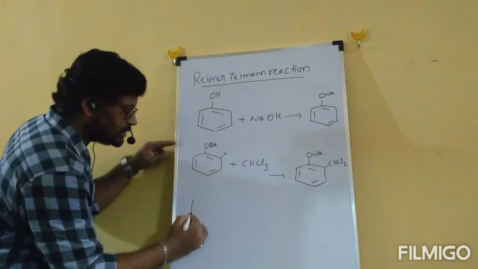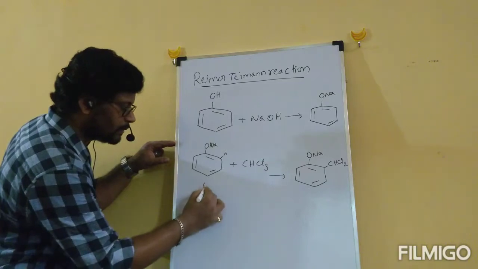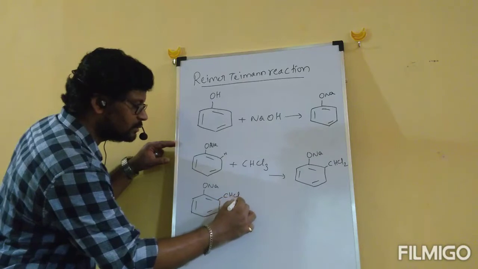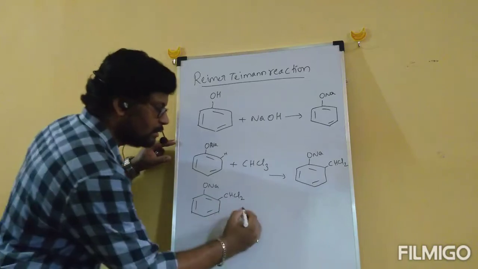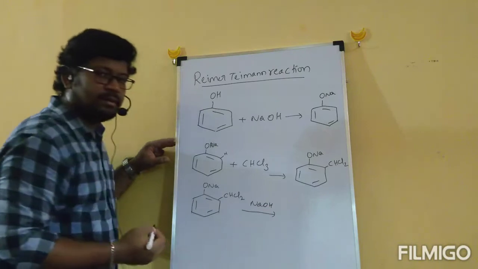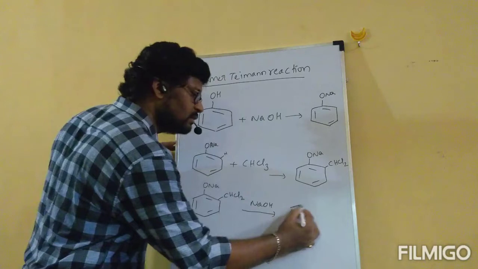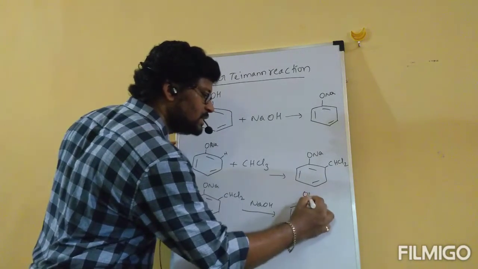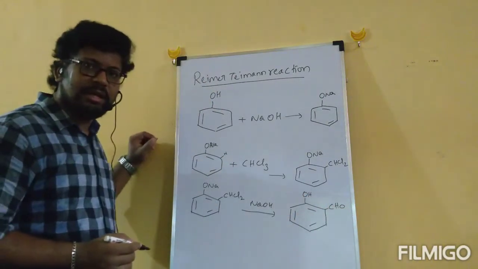Now, the sodium phenoxide with the CHCl2 will be hydrolyzed in presence of NaOH. We will get salicylaldehyde.